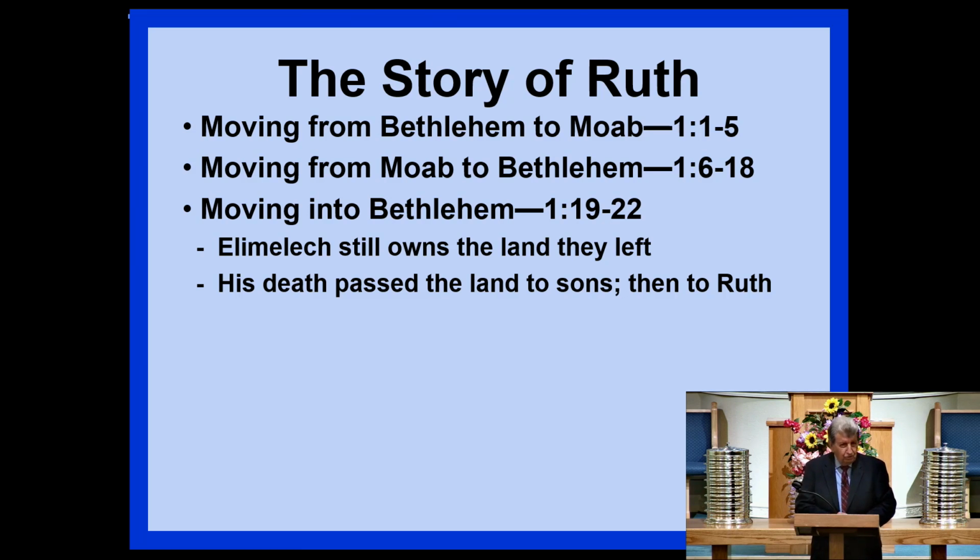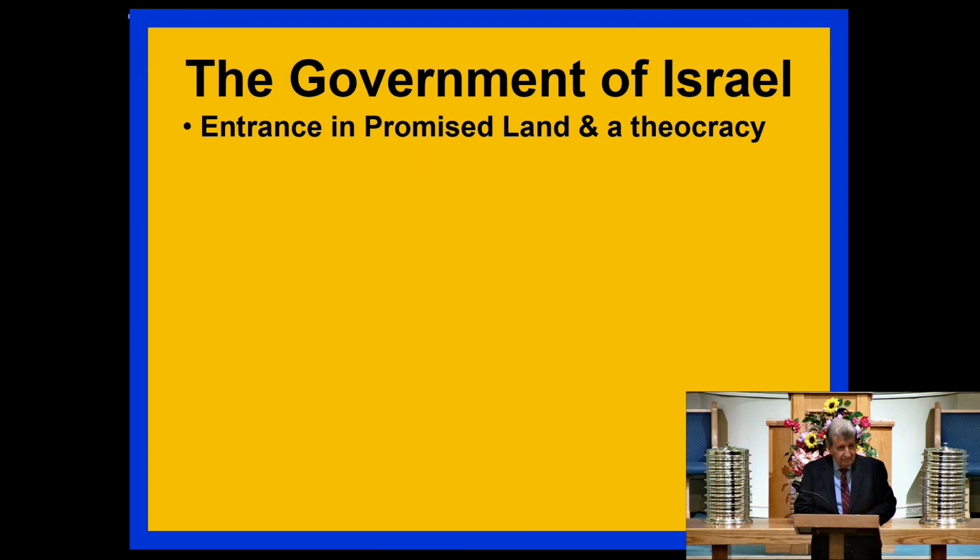I want us to look at the government of the Jews in the land when they came to the promised land. When they entered into the promised land, there was a theocracy. What on earth is a theocracy?